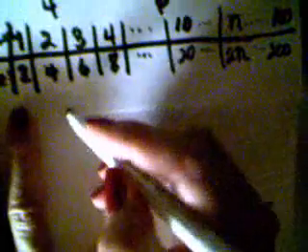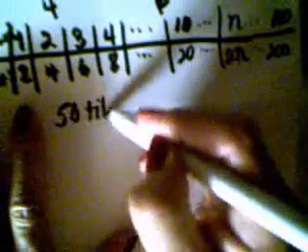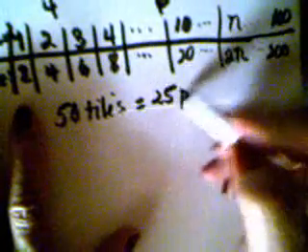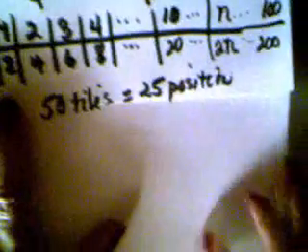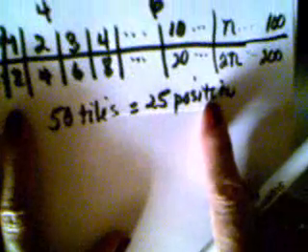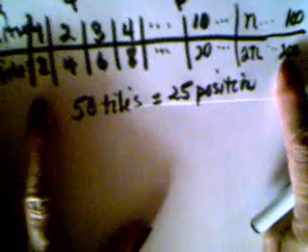But let's say that I know the number of tiles is 50. Then I will take half of that to get the position. So knowing the number of tiles gives me the position. Giving the position, I can get the number of tiles.